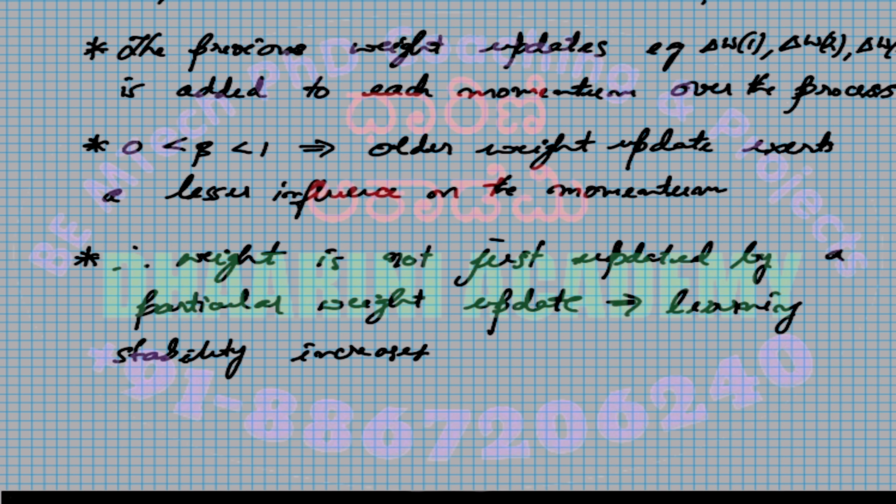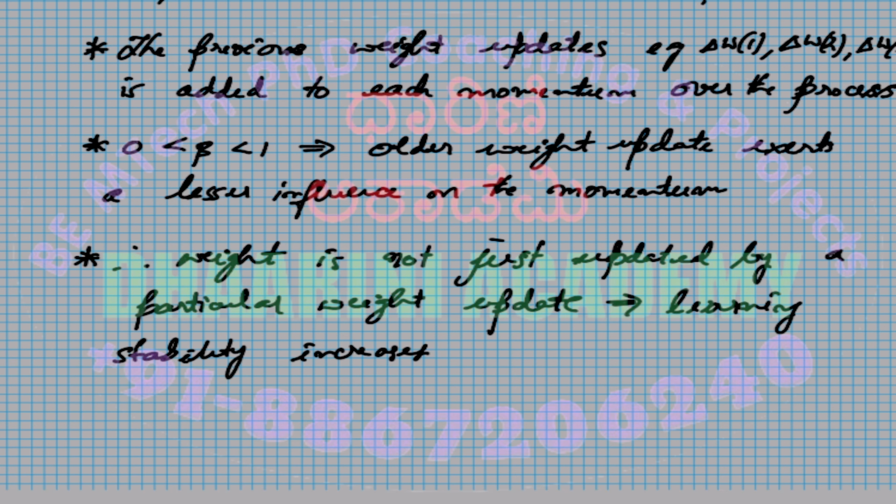So what happens as a result? The momentum grows more and more with the weight update. You are going to get a particular direction as you train with more and more training data. This introduces a direction, the concept of direction we mentioned earlier.